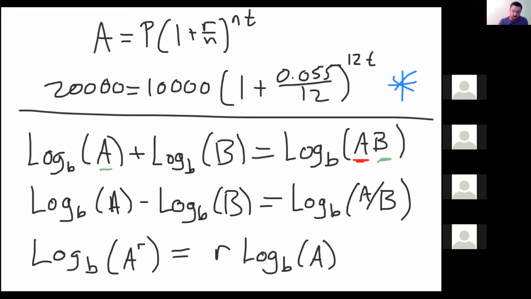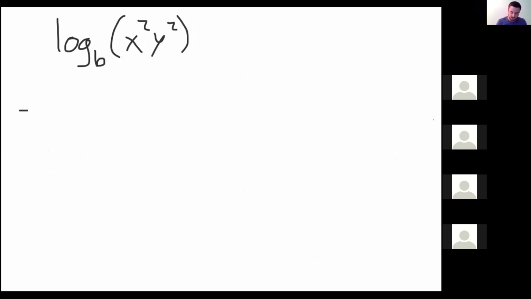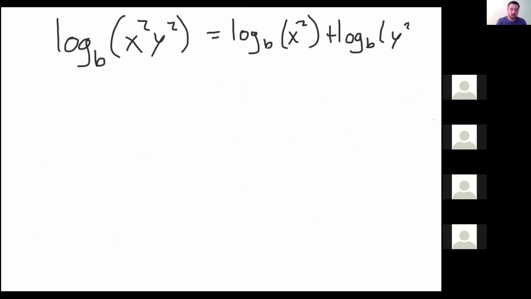So this becomes log of the first thing plus log of the second thing. Keep those colors together. So I can apply that with that x squared and y squared. So this becomes log base b of x squared plus log base b of y squared.